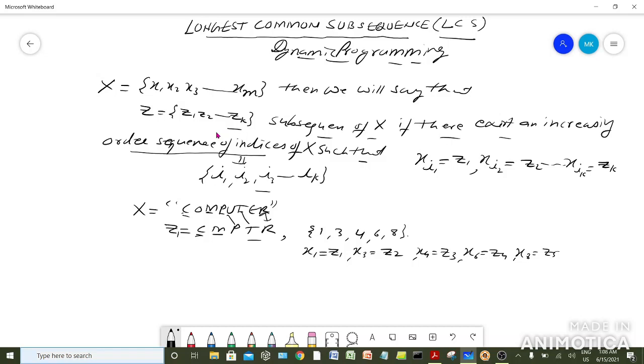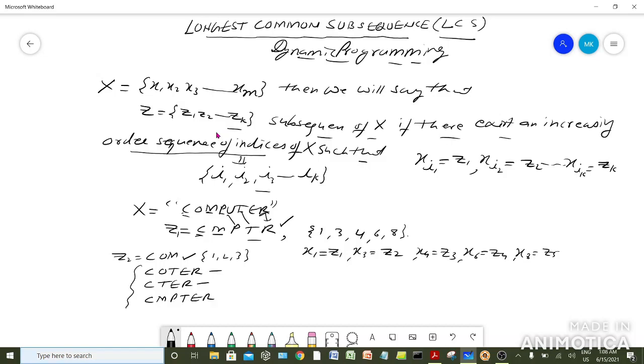So this is what we mean by the term subsequence. In this case CMPTR will be called a subsequence of X. In the same way Z2 which is equal to COM is also a subsequence of X with the indices 1, 2 and 3. And in the same way COTER is also a subsequence, CTER is also a subsequence, CMPTER is also a subsequence.